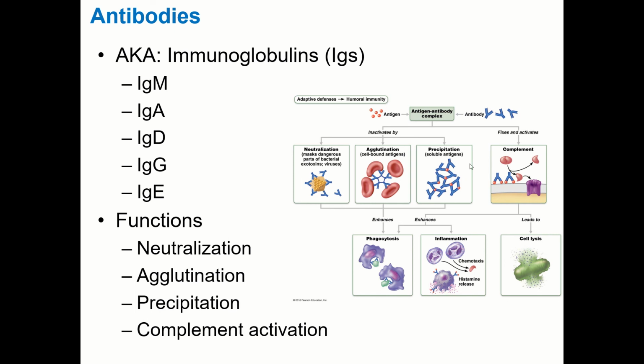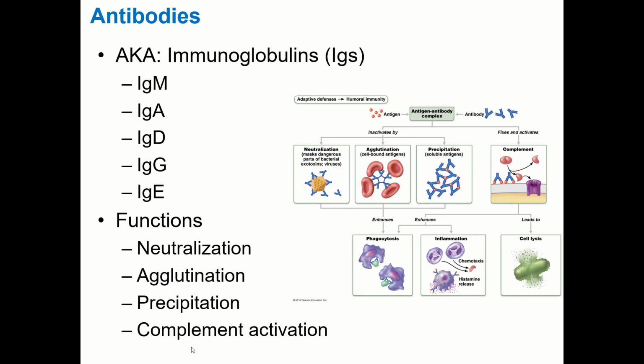If we're talking about a smaller particle, then they can bind to the smaller particles and form this big mesh network of a combination of antibodies and that particular particle. That's called precipitation. And same concept, the macrophages can come through and eat it up. The other thing they can do is activate complement.